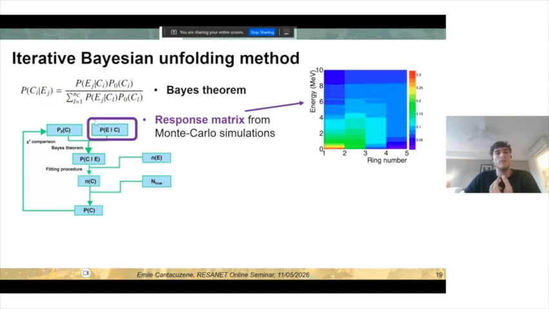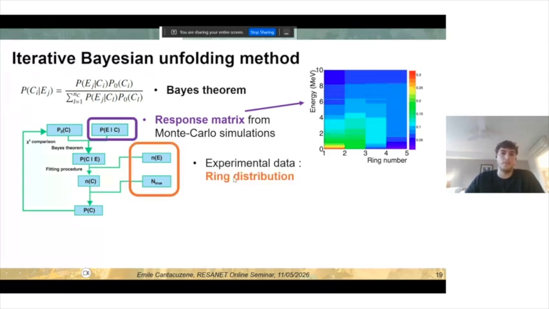And so you have both ingredients you need to use Bayes' theorem and obtain PCE, which is basically the inverse response matrix. By using your data, which is the ring distribution, so NE, you can fit your data with this PCE and obtain the probability of causes, PC.